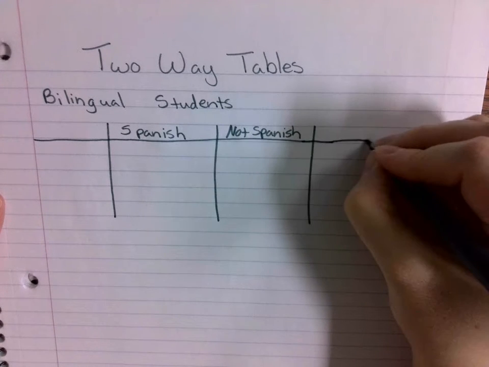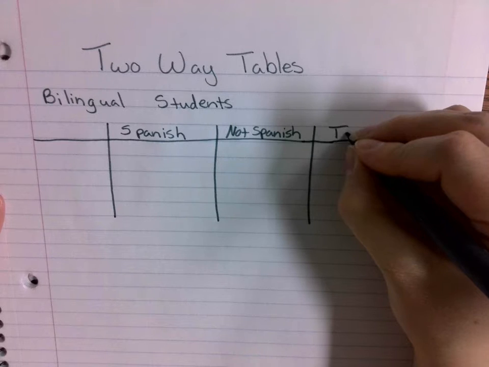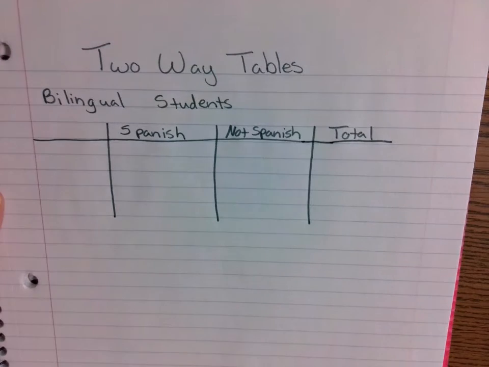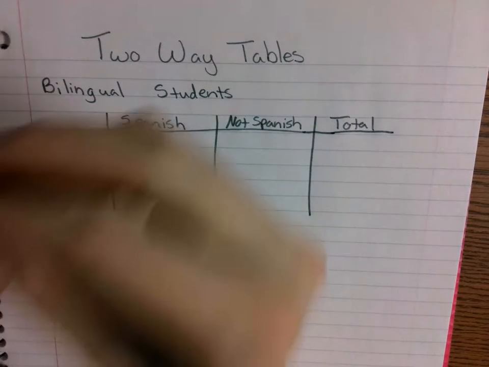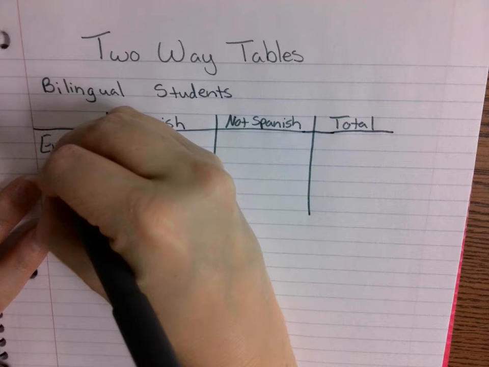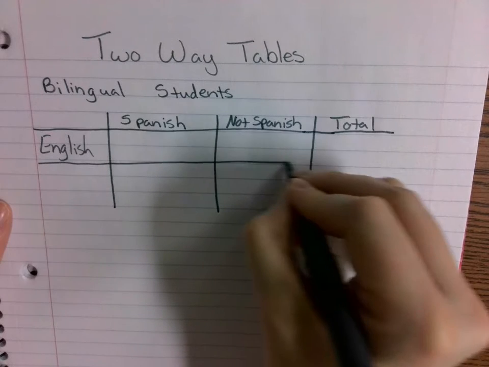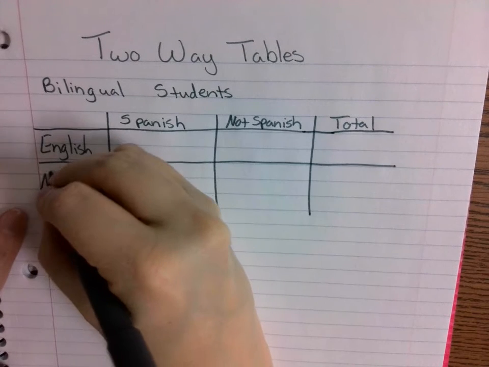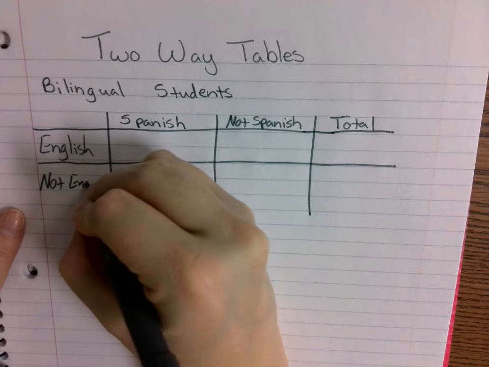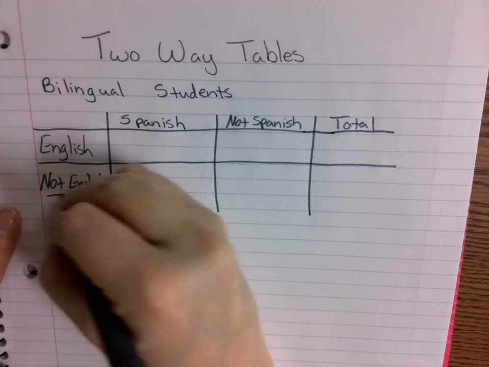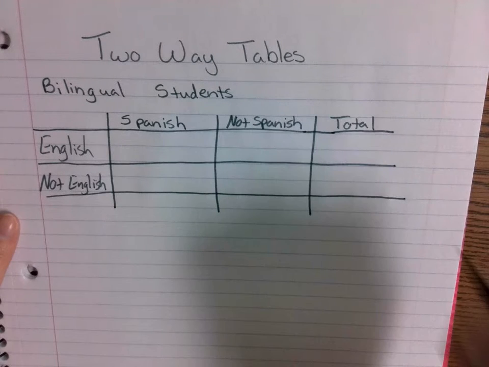And then we have what's called a total. And then we've got speaking English in the group versus not speaking English in the group. And then again, a total.